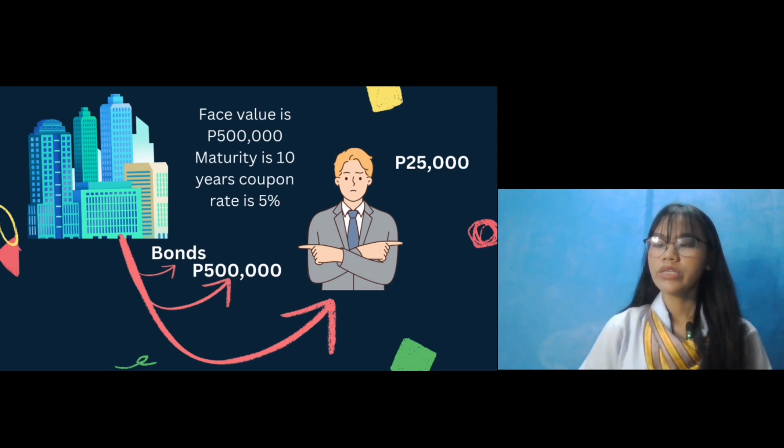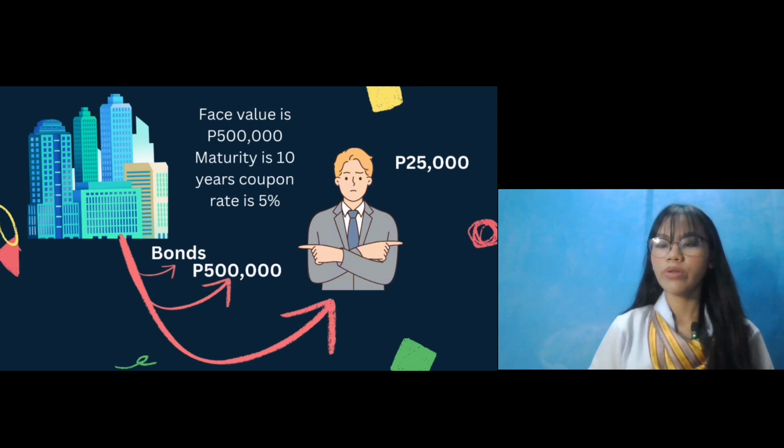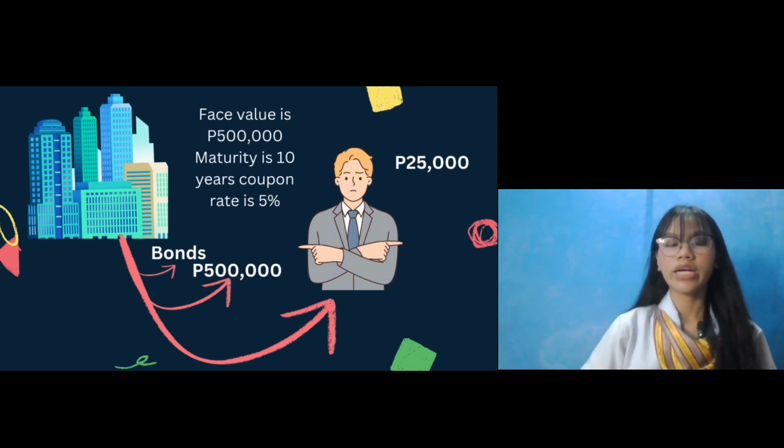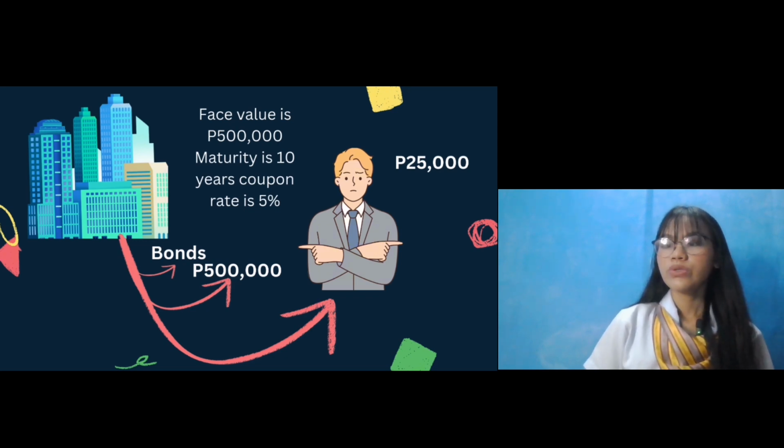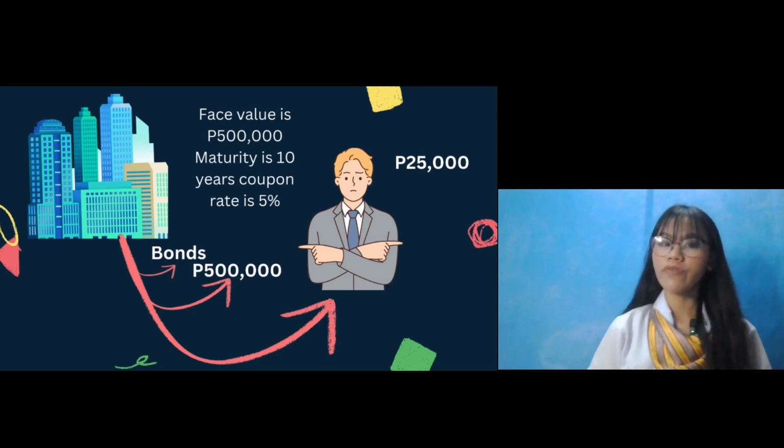In order for us to know the amount Mr. X will receive from that 5%, we just need to multiply our face value, which is 500,000, by our coupon rate, which is 0.05. If we multiply both, we will get 25,000.